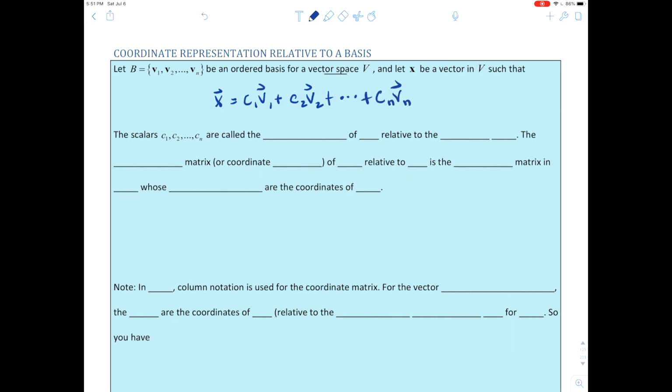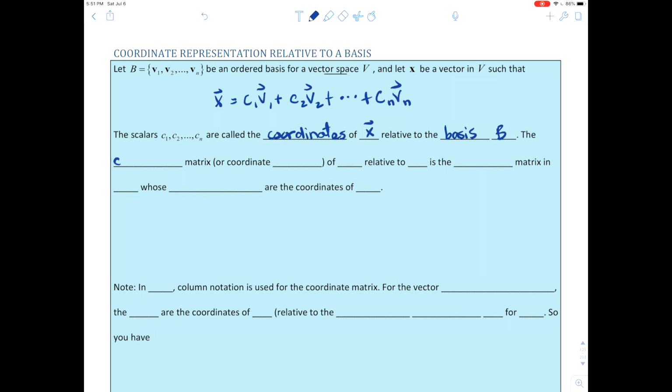The scalars c1, c2 down to cn are called the coordinates of X relative to the basis B.